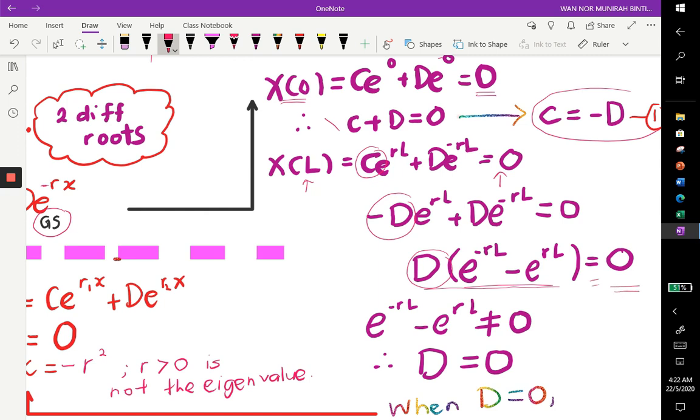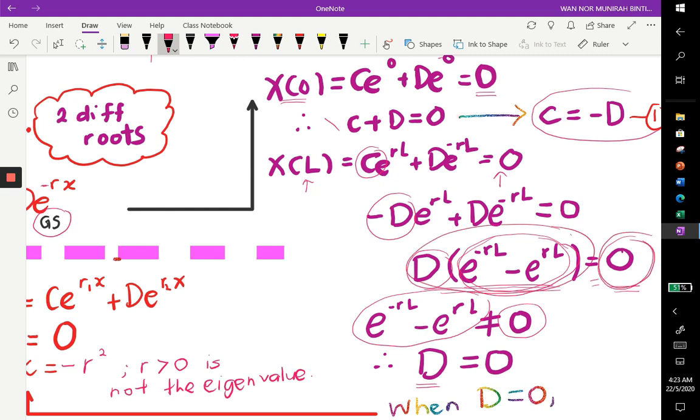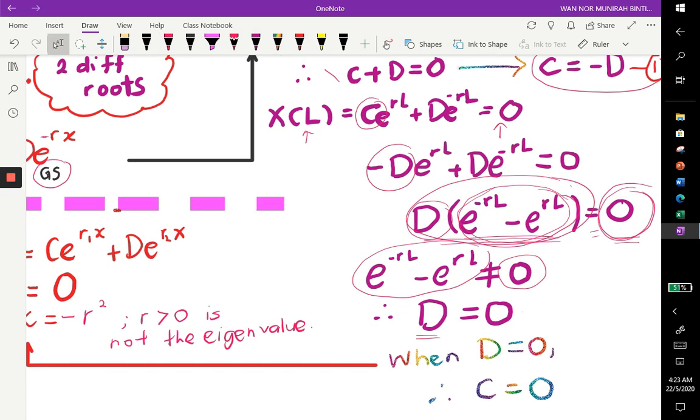We notice that we have exponents here, and the exponent cannot be 0, because there is no value that can make an exponent go to 0. So which term goes to 0 to make this equation equal to 0? That is D. So D must equal 0, so that the left hand side equals the right hand side. So I can conclude that D equals 0.